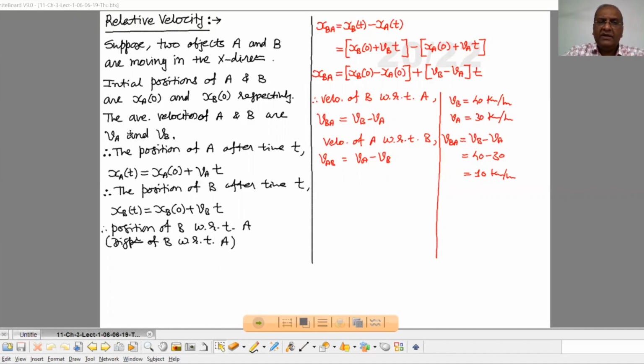Now, the average velocities of A and B are, suppose, VA and VB, with which they are moving.